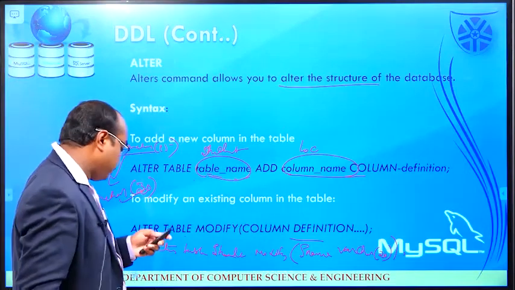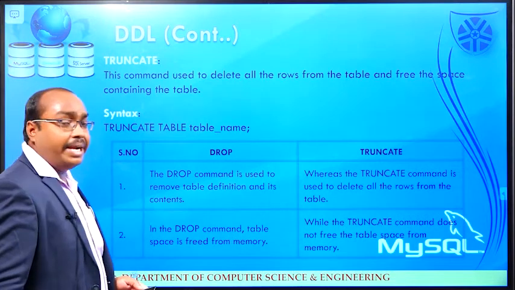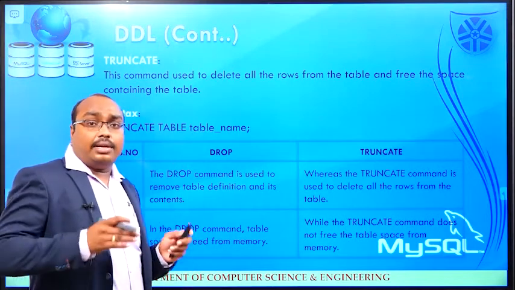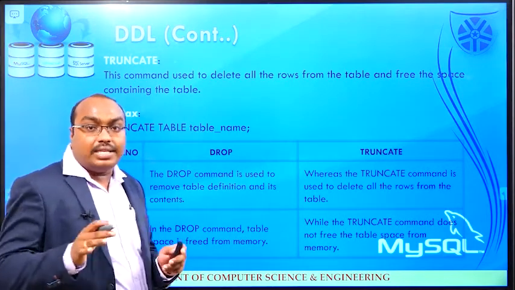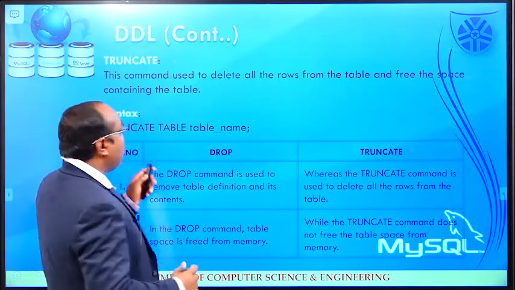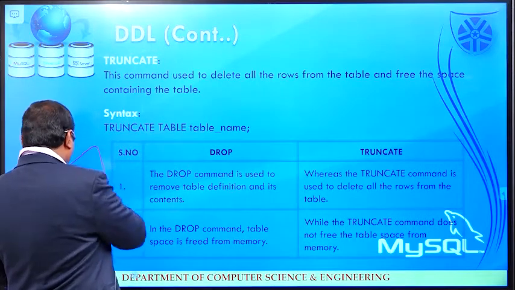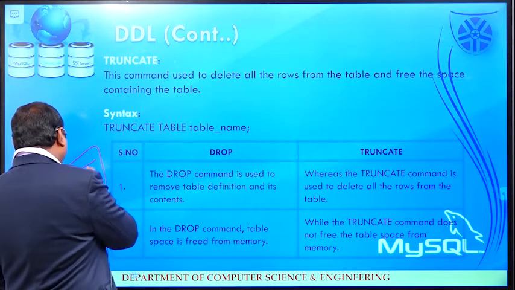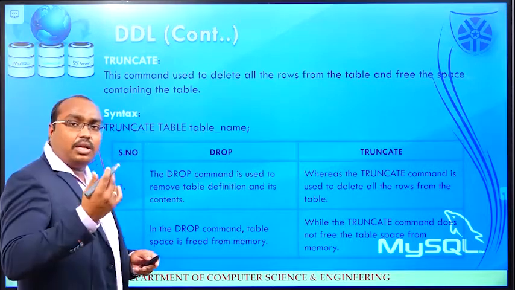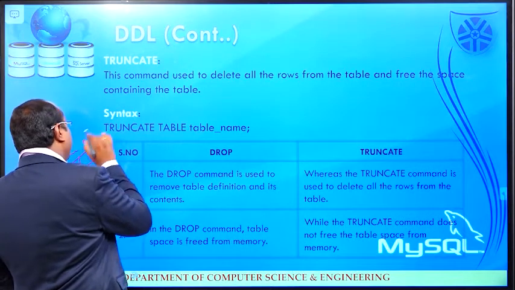And the next one, the truncate command. The truncate command is used to delete the data in the table, not the entire structure; the structure remains. For example, previously I created a student table and took 3 columns: SID, SName, and student age.